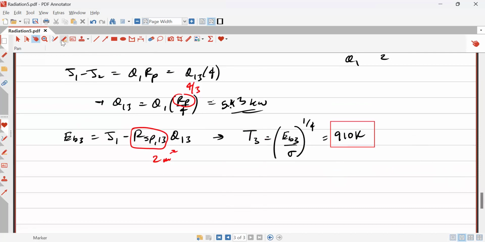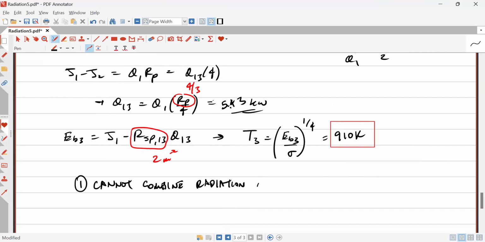Now there are a couple of final tips I want to give you that are important to know. Number one, you cannot combine radiation and conduction/convection resistance networks.